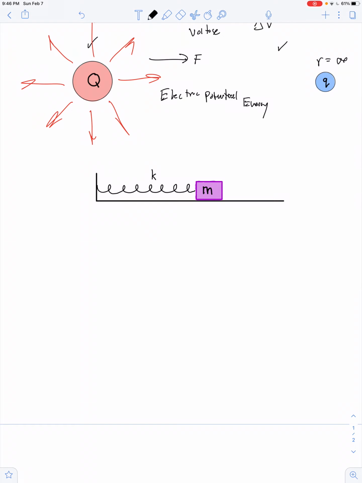That also stores potential energy, and if we were to push this block M so that it sits here instead of at the equilibrium position x equals 0, then when released from rest, it wants to accelerate back towards the equilibrium point.